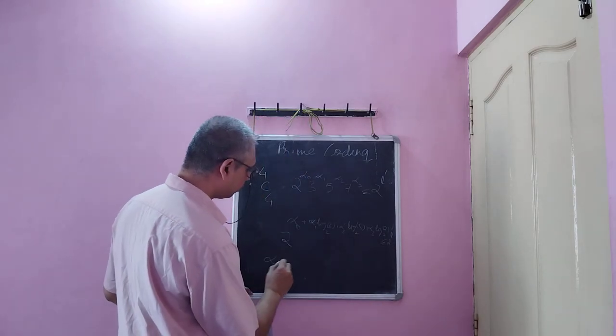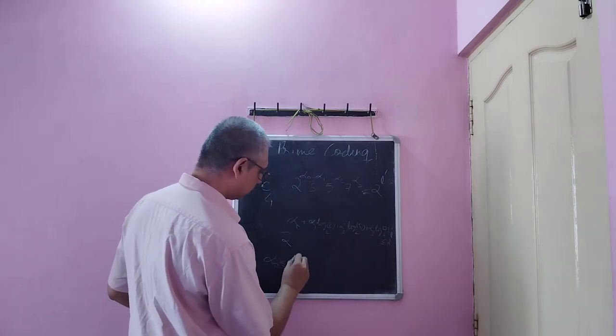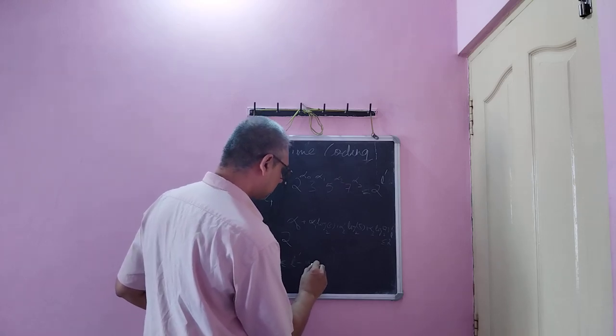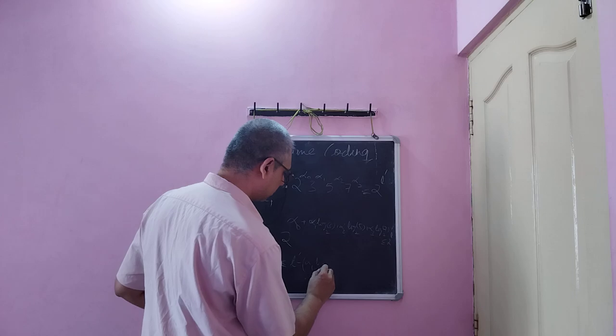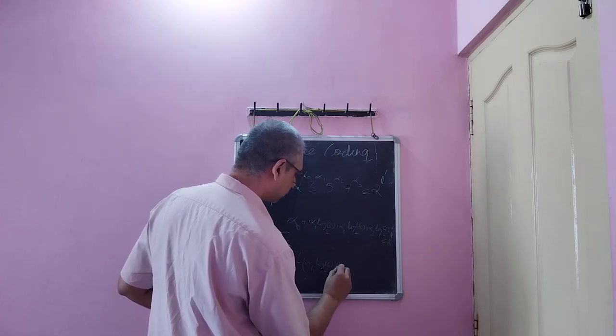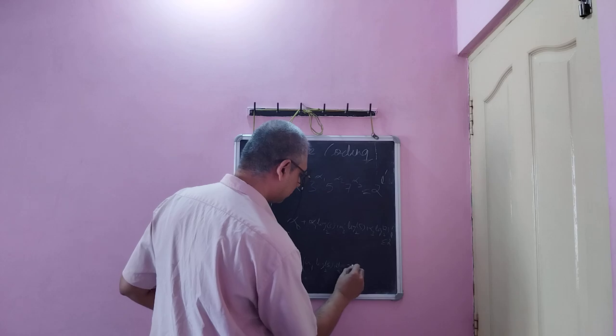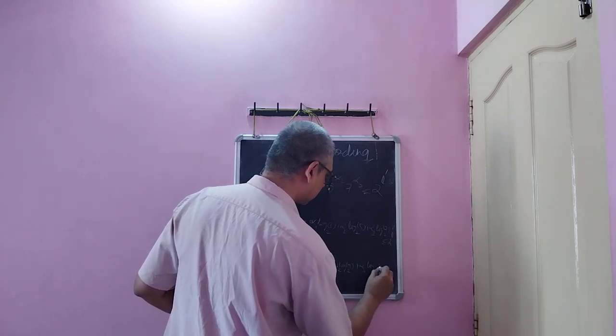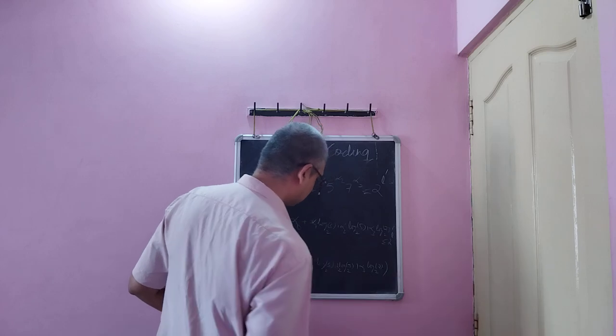Therefore we will have L naught is less than or equal to L dash minus alpha 1 log 3 to the base 2 plus alpha 2 log 5 to the base 2 plus alpha 3 log 7 to the base 2.